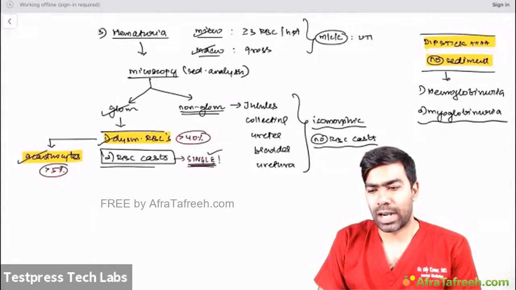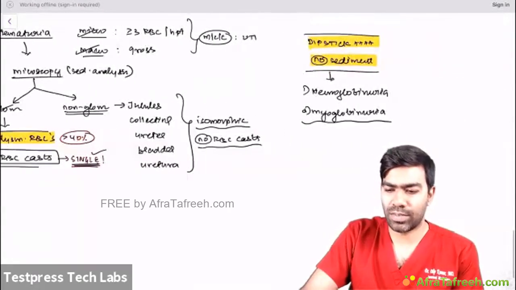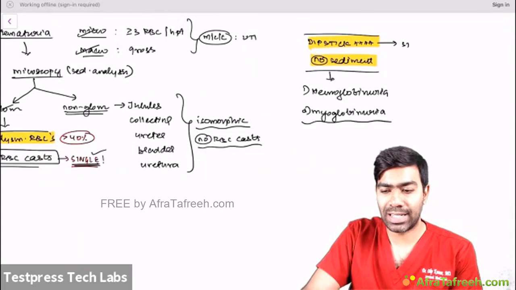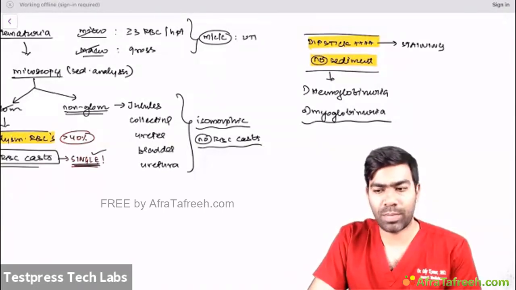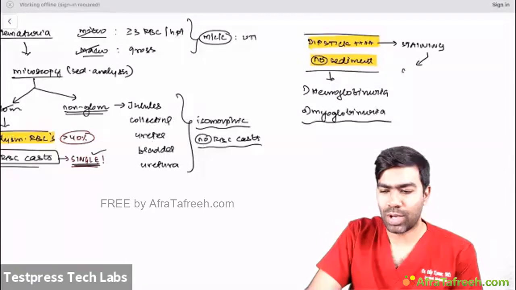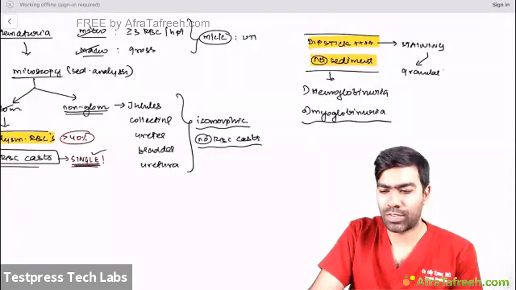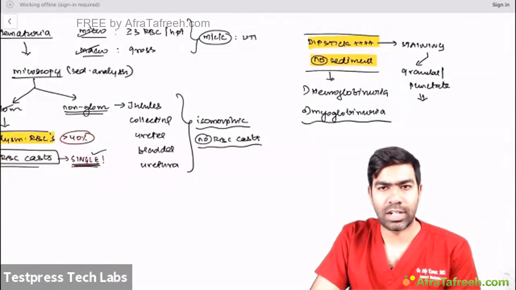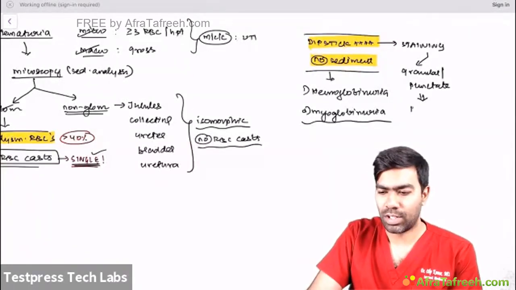And again, the staining in the dipstick. Even if the dipstick is positive for blood, the staining pattern can tell you whether it's a hemoglobinuria or myoglobinuria, or some kind of a stain. If you have a granular or a punctate kind of staining in the dipstick, that is usually suggestive of a true hematuria.